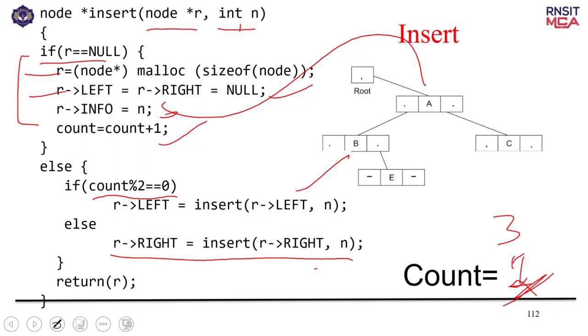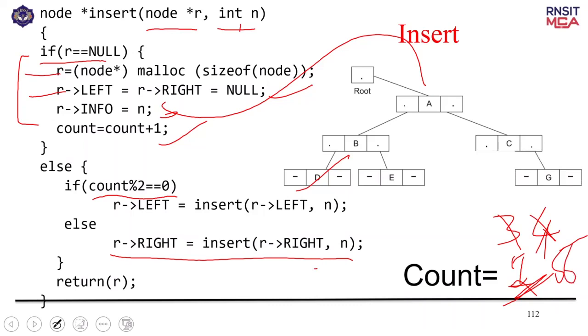Next the count becomes 4, so 1, 2, 3, 4 nodes are there, and you insert at the left side. Now the count becomes 5, an odd number, so you insert at right. Now count becomes 6, you insert at left. This is how the insertion happens.